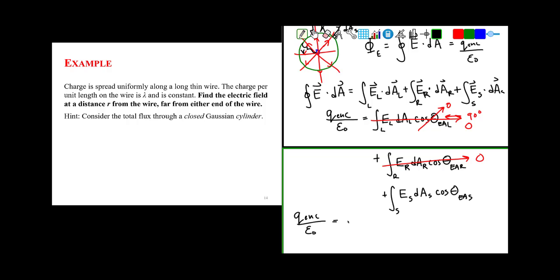The electric flux through the side of the cylinder is given by the magnitude of the electric field through the side of the cylinder times the cosine of the angle between the electric field and the area differential through the side times the area differential of that side.